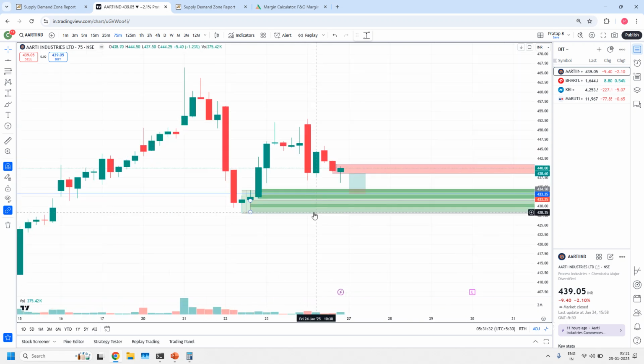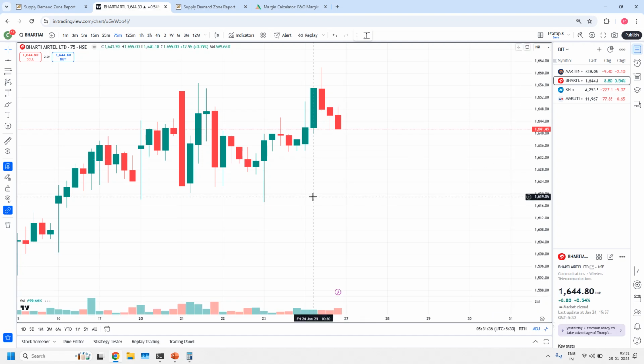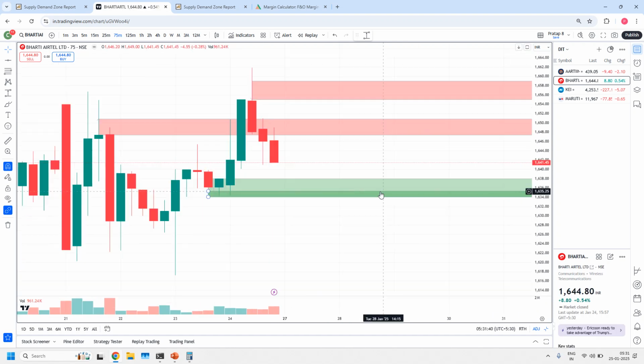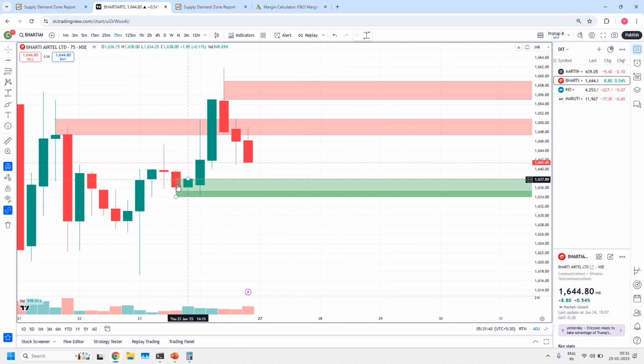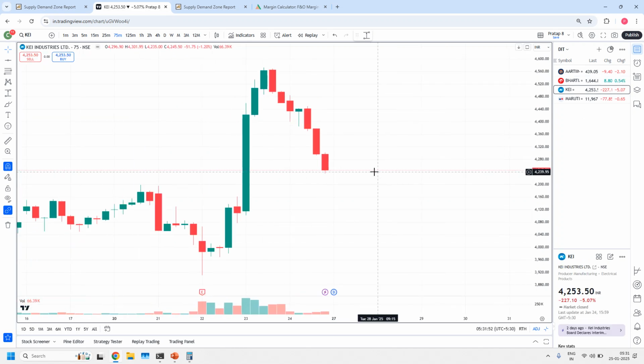See, inside the 75 we have two 15-minute zones. Bharti Airtel, yes, this is also having it. See, drop, base, rally, exactly the same in both 15 minutes and 75 minutes. And KEI is also having rally, base, rally.